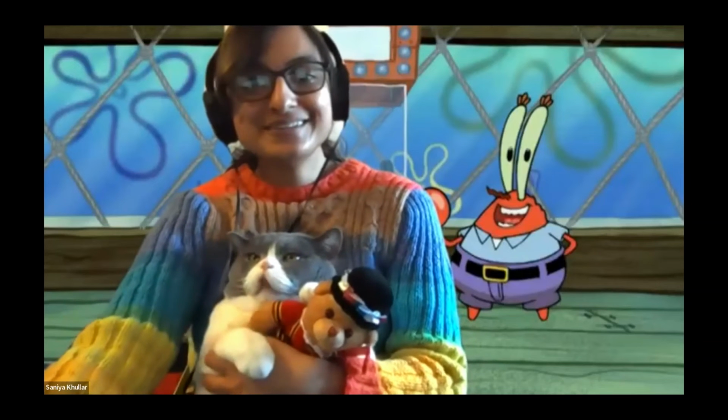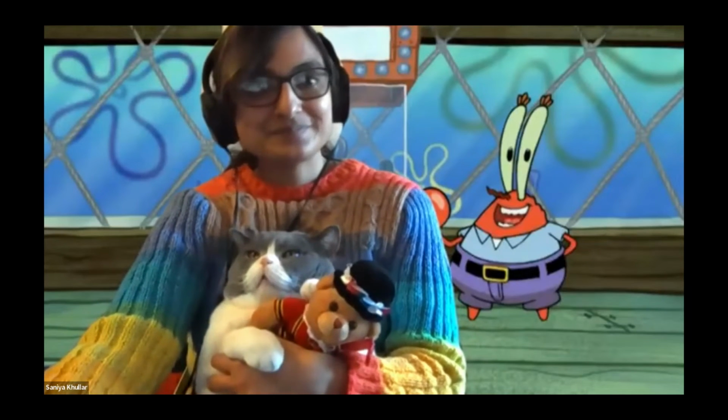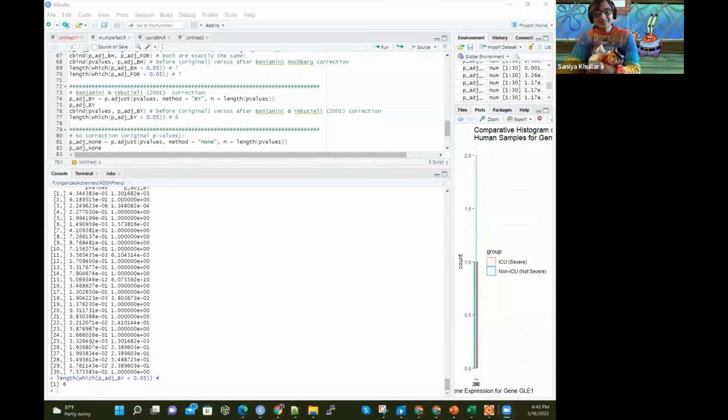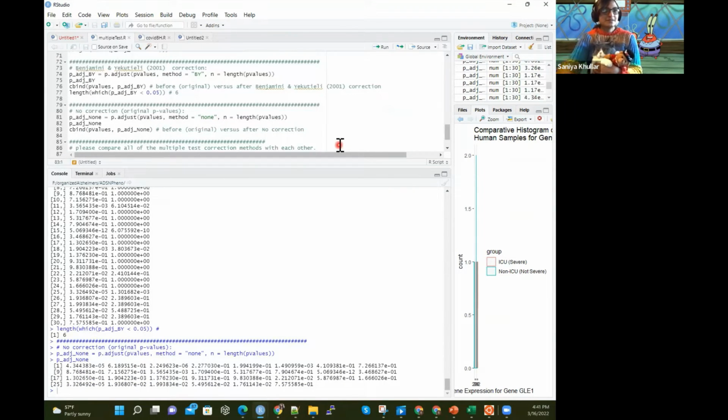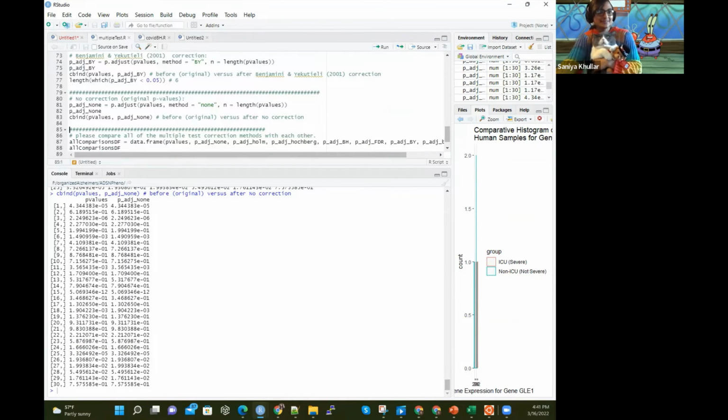But I also want to show you that there's this none method here that allows you to put in none, and it returns the original p-values. No correction. You just put in none, and it just returns the same thing to you. These are exactly the same.